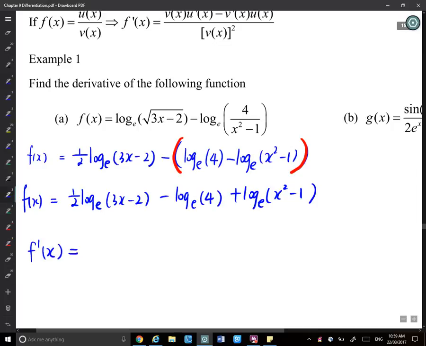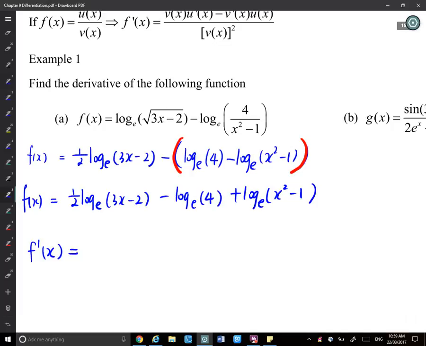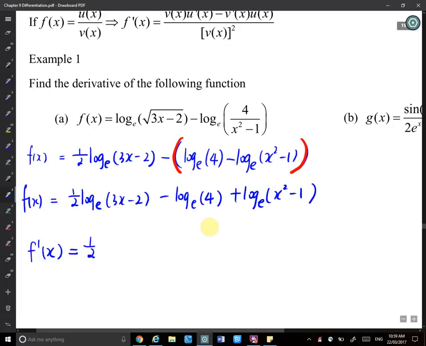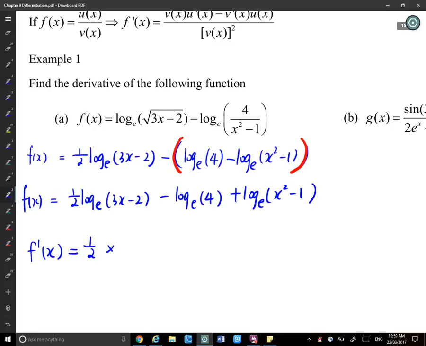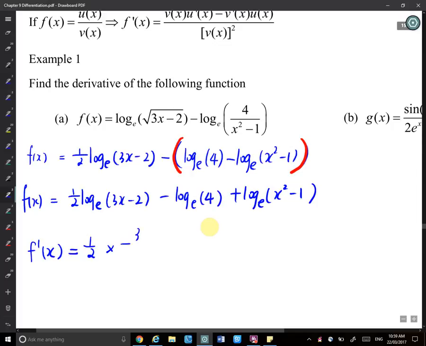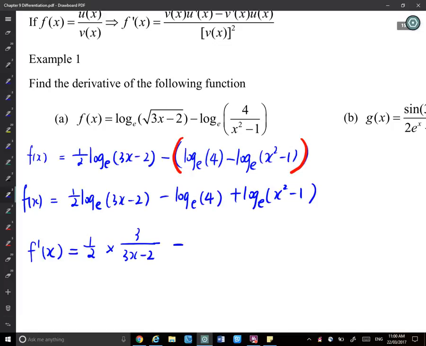Okay, constant. So you derive f dash x. When you derive this, you have the half here times, okay, derive the log e. Deriving this is g dash x over g(x). So it's 3 over 3x minus 2, minus log e 4. What's the derivative of log e 4? Zero. Constant.